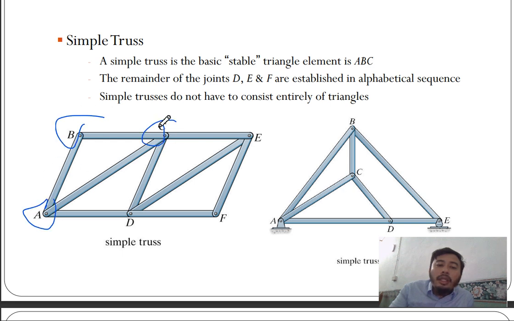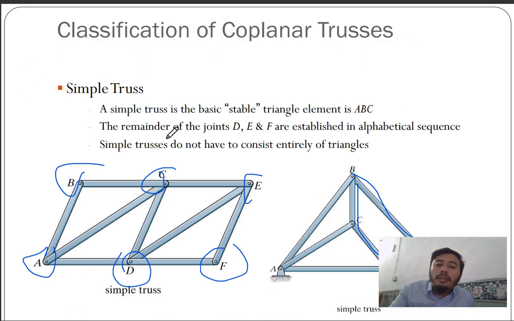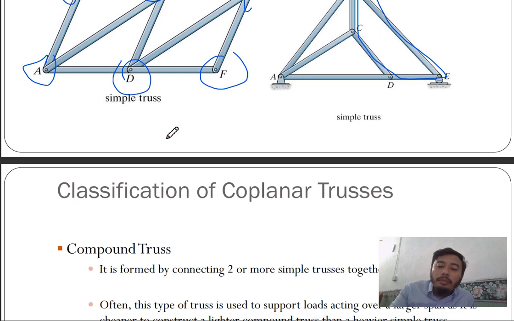The remainder of the joints D, E, F are established in alphabetical sequence. A simple truss does not have to consist entirely of triangles. So you can have this trapezium here. So that's a simple truss. Basic stable triangle trusses.